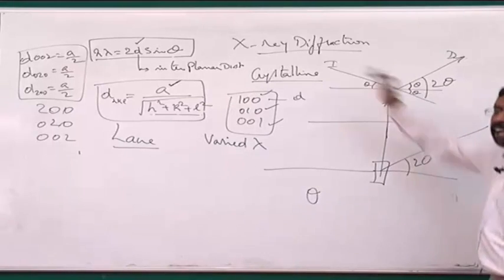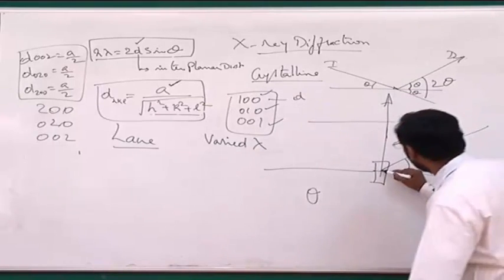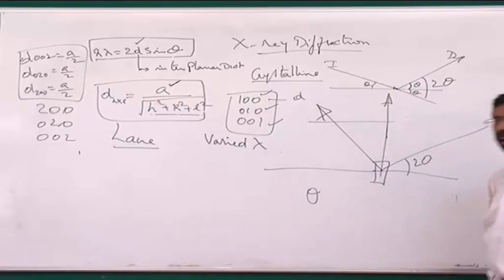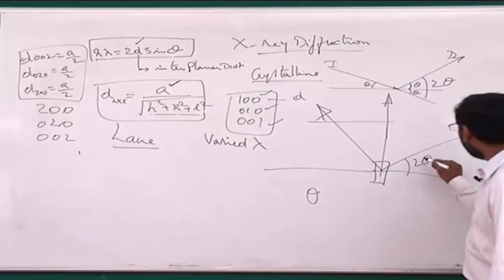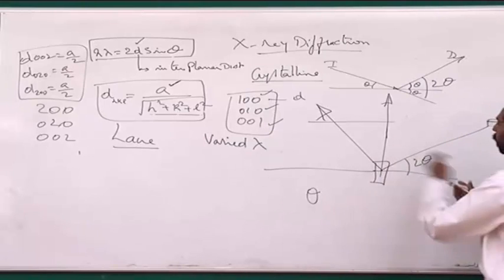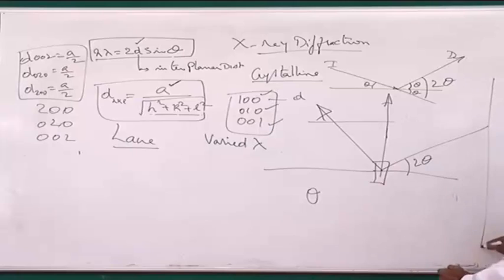If the 2 theta is greater than 90 degrees, what would happen? The diffracted beam will go like this, right? So if the 2 theta is less than 90 degrees, the beams will all fall onto a screen like this, and this is what is called transmission mode.